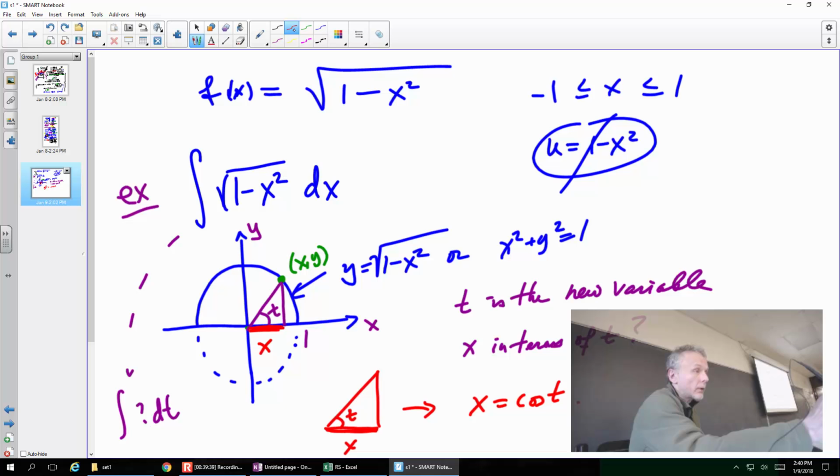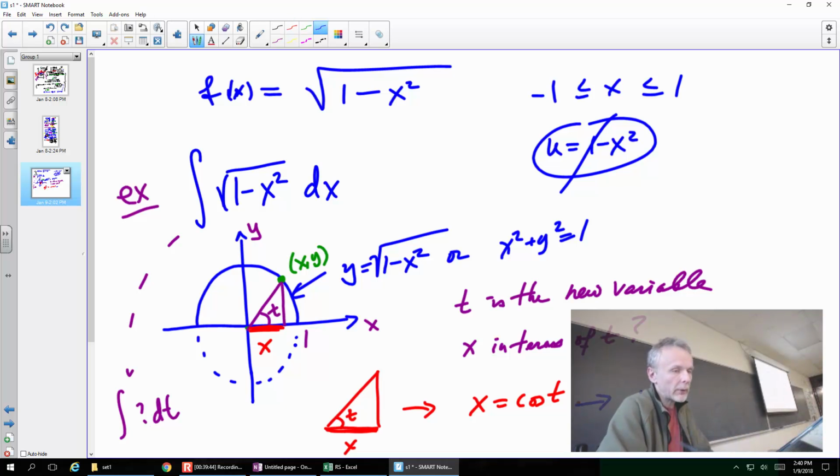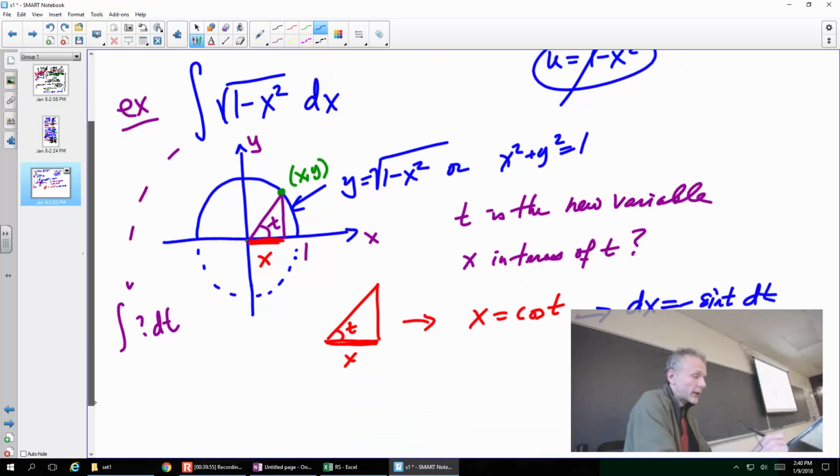Well, as always in substitution, we are planning ahead. What's dx? Negative sine t dt.